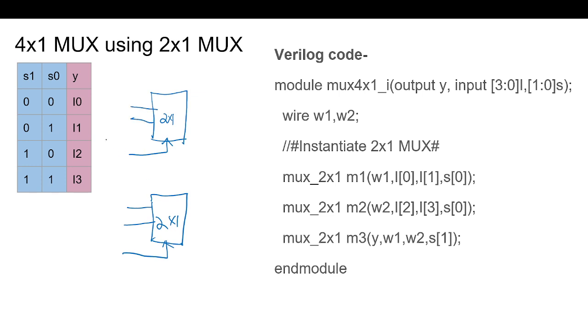So if I have S0, when S0 is 0, it will be getting I0, and when S0 is 1, it will be I1. I will get one output, I will store it in some wire.